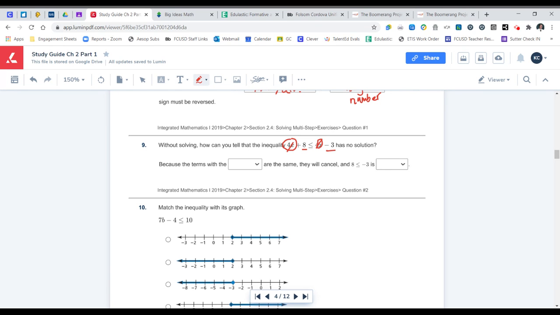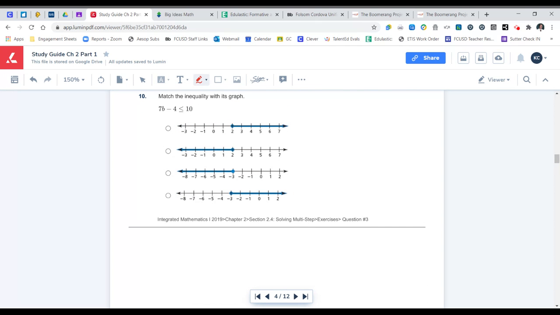Well, because the terms with the x values, or the coefficients, are the same, they will cancel, and 8 is less than or equal to -3 is false, is not true. It'll never be true, so this problem will have no solution.